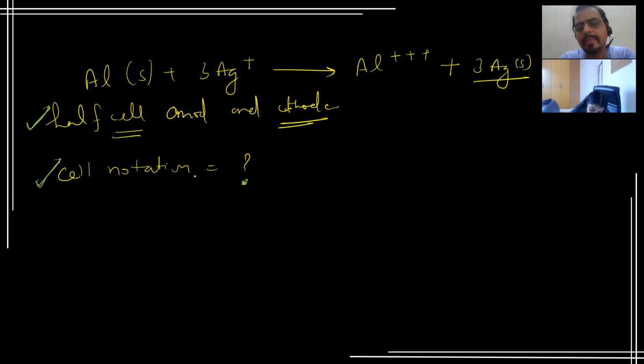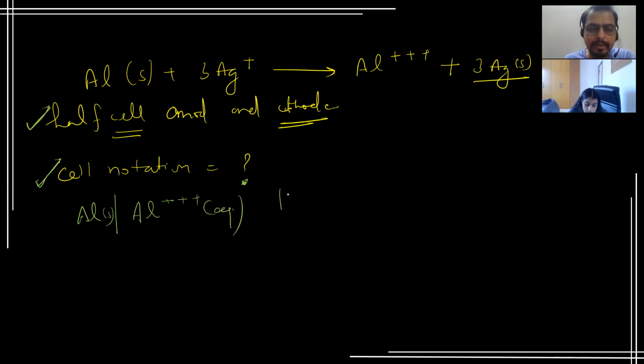So out of aluminium and silver, which metal will fall into the anode and which metal will fall into the cathode? Would the aluminium go into the anode and silver into the cathode? Okay, cool. So you can write like this: aluminium solid, aluminium plus aqueous, then salt bridge.